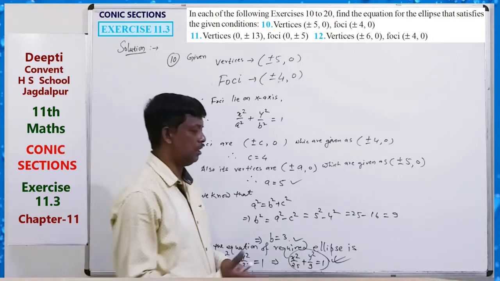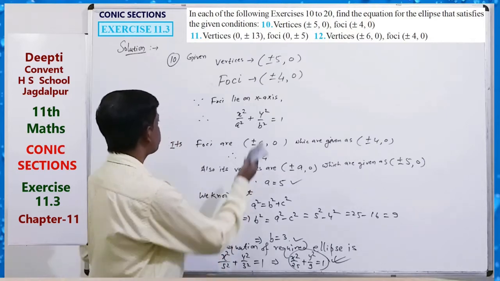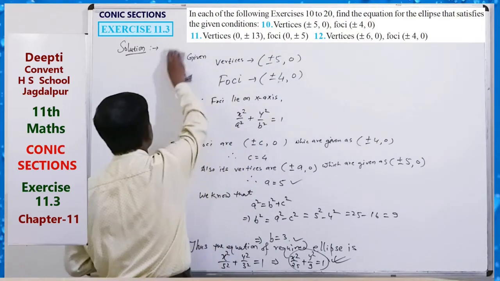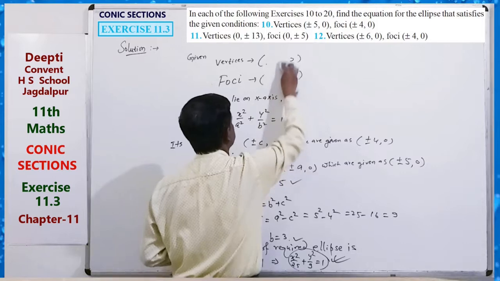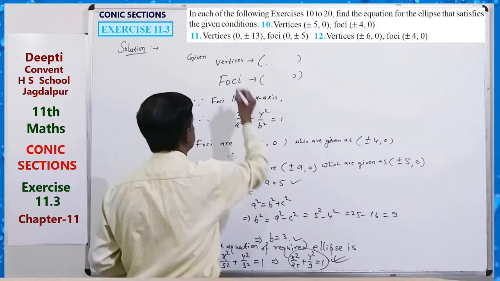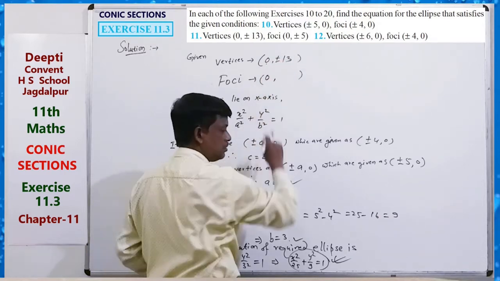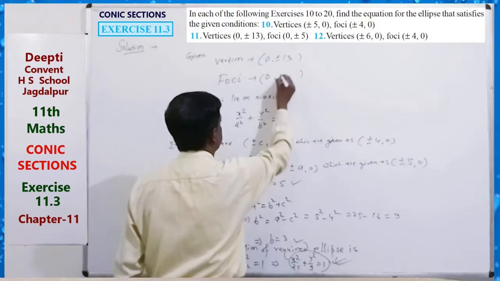Similarly, question 11 and 12 you can solve. For question 11, what is given? 0 plus minus 13 and 0 plus minus 5.